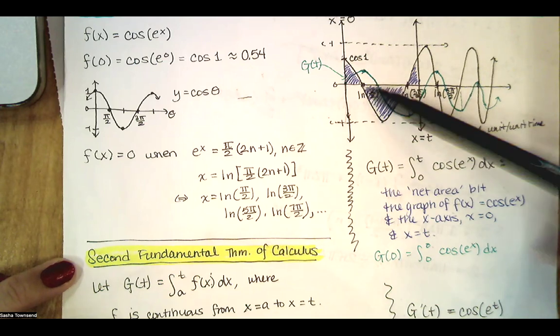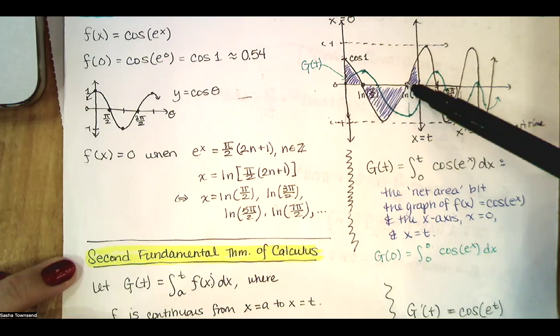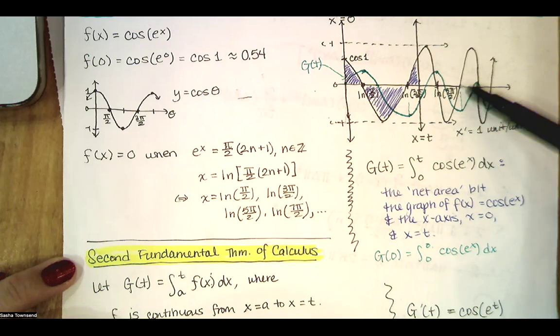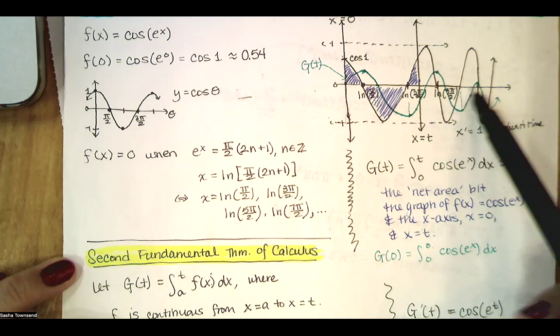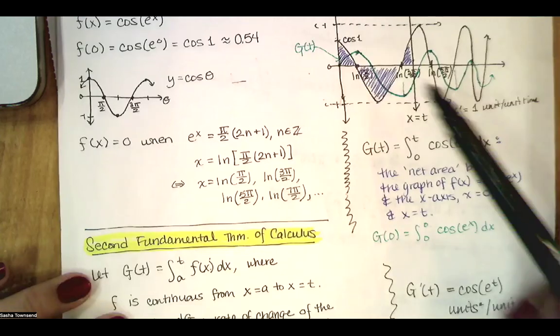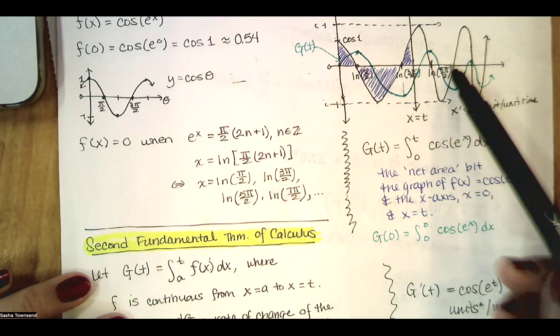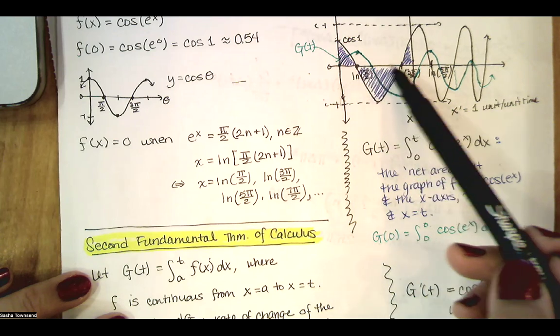The distance apart is decreasing. The distance from this zero to this zero is greater than the distance from this one to this one, which is greater than the distance from this one to this one, which is greater than the distance from this one to this one. So the distance between consecutive zeros is getting smaller, but the time that we get to those zeros is evenly spaced, because it's like our x coordinate keeps moving forward, but it's slowing down as it moves forward.